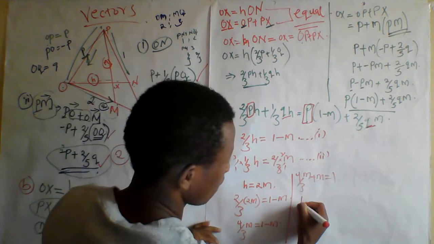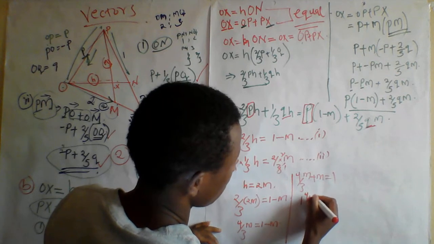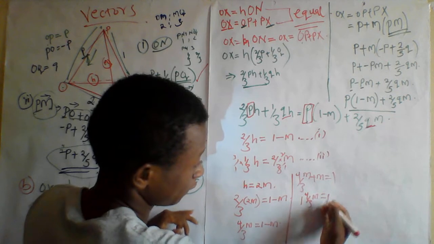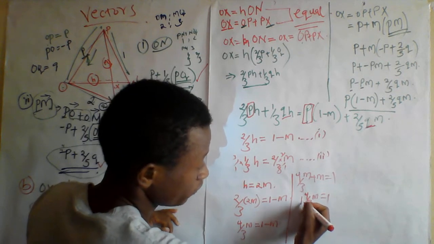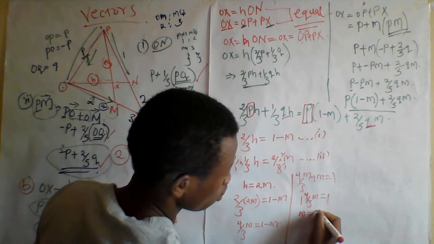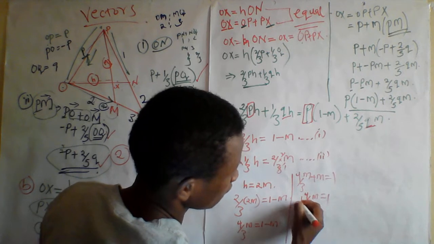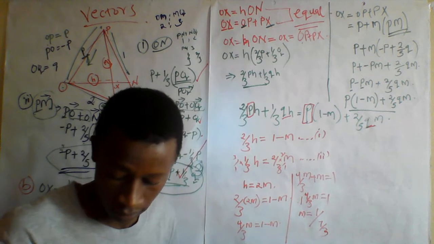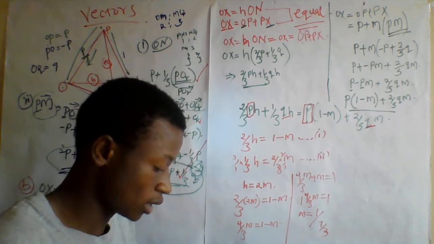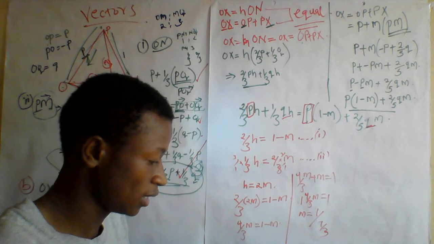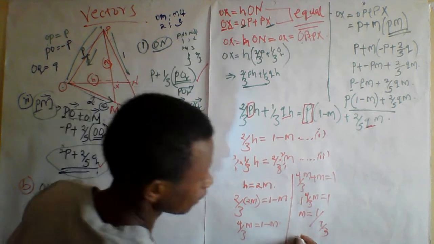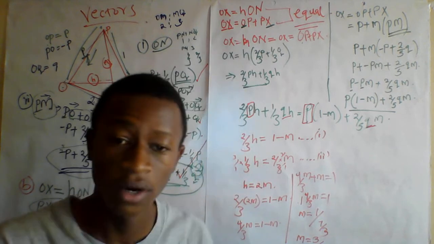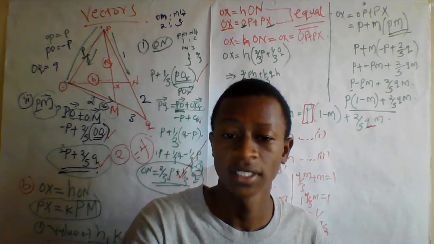So this one is like adding 1. 7 over 3M is equal to 1. After that, we have to get M. M is equal to 1 over 7 over 3. You can work out 1 divided by 7 over 3, which is the same as 3 over 7.